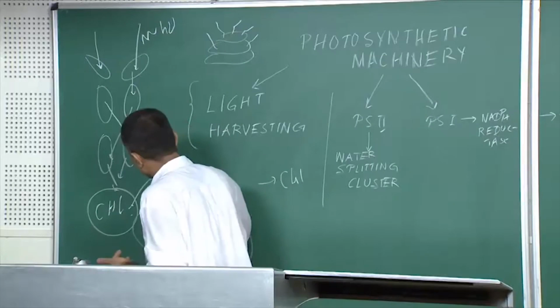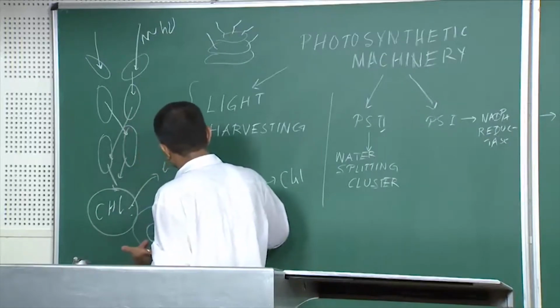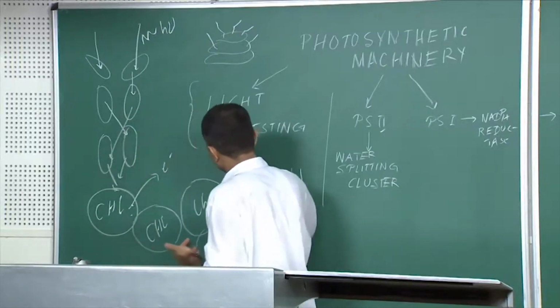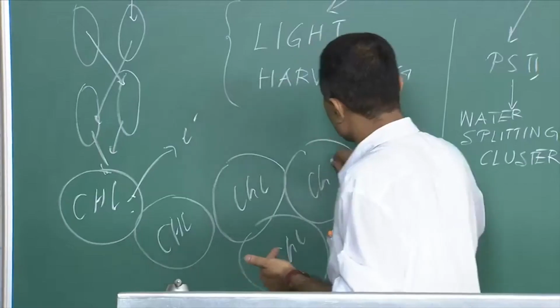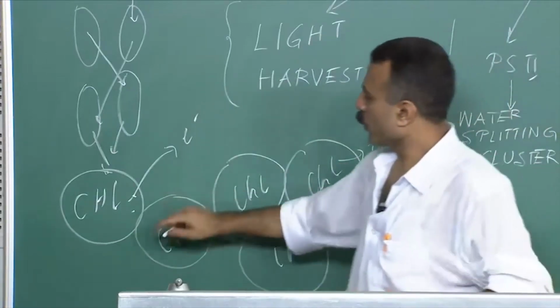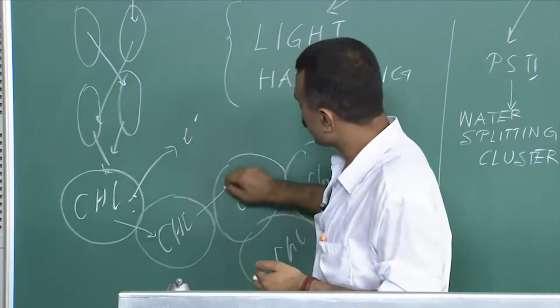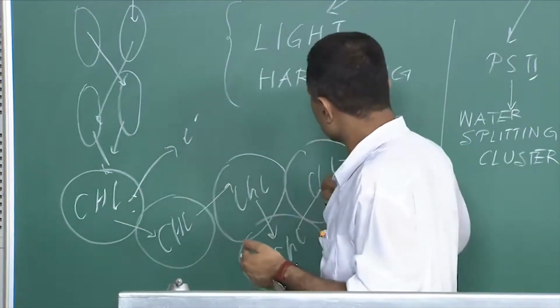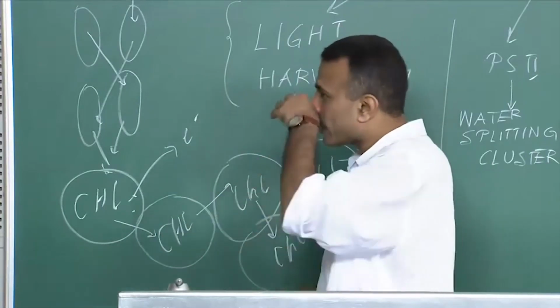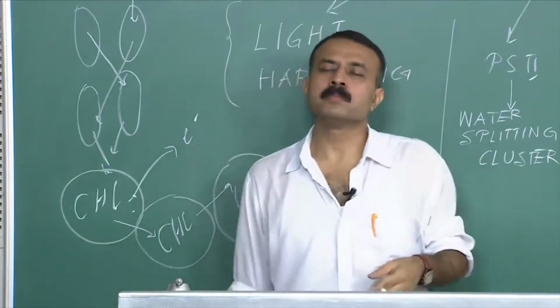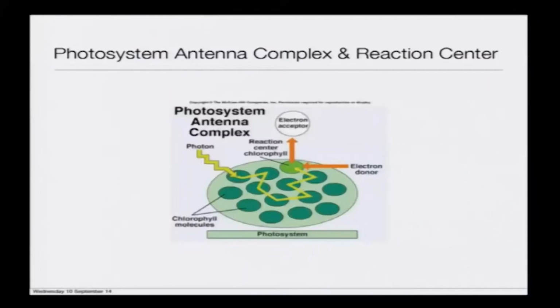What I am circling are all chlorophyll molecules. This energy is transmitted to this, transmitted to this, transmitted to this, transmitted to this. So, there is a kind of hopping motion. If you see the slide, you will see there is a hopping motion of the ejected electron because of the action of a photon at the reaction center.